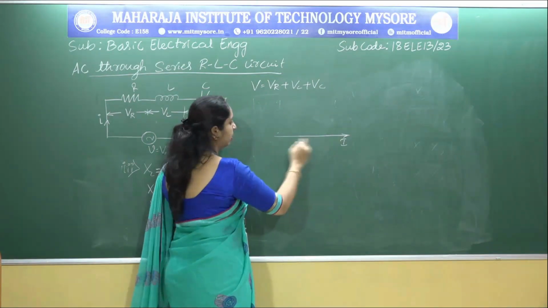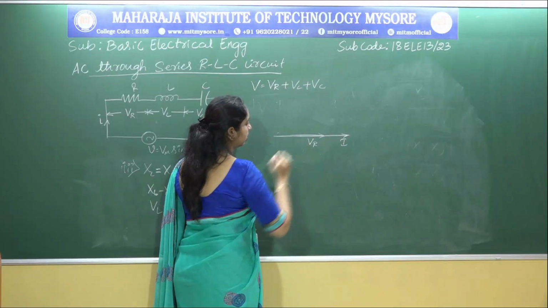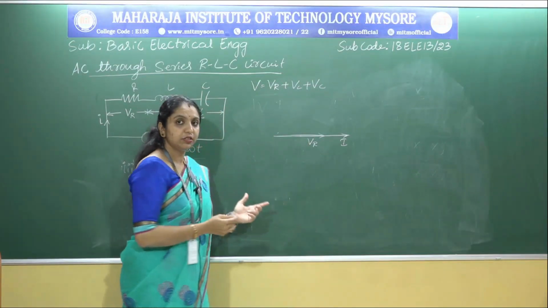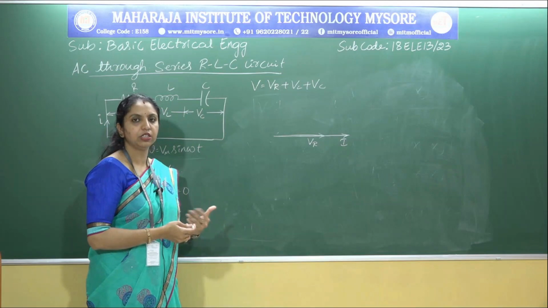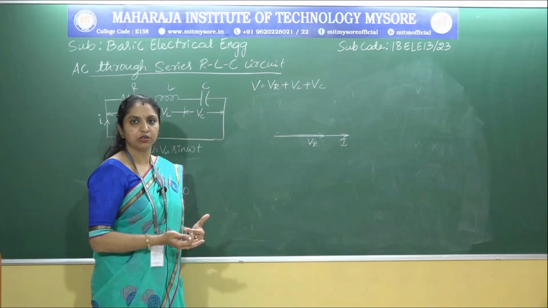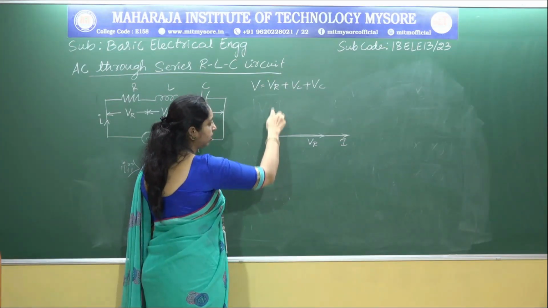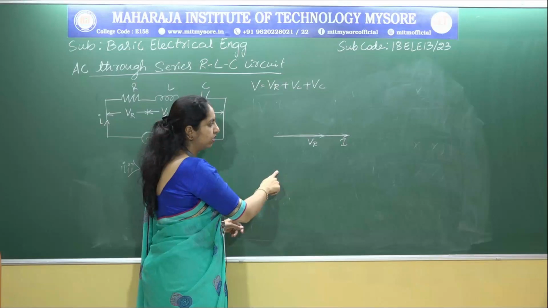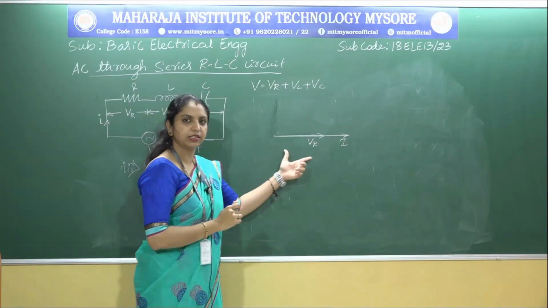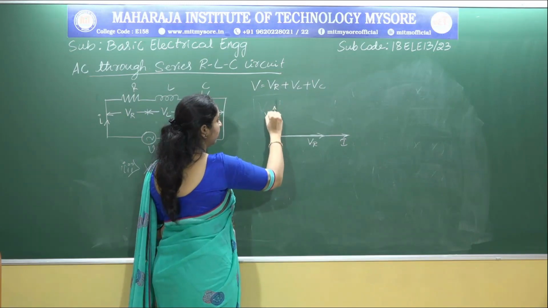Now we shall have I. Note that again VR exists in the same line. Since VL is equal to VC, VL minus VC is equal to 0. So we are not going to have any term in this direction and in this direction. You know that VR exists in the same line as I.